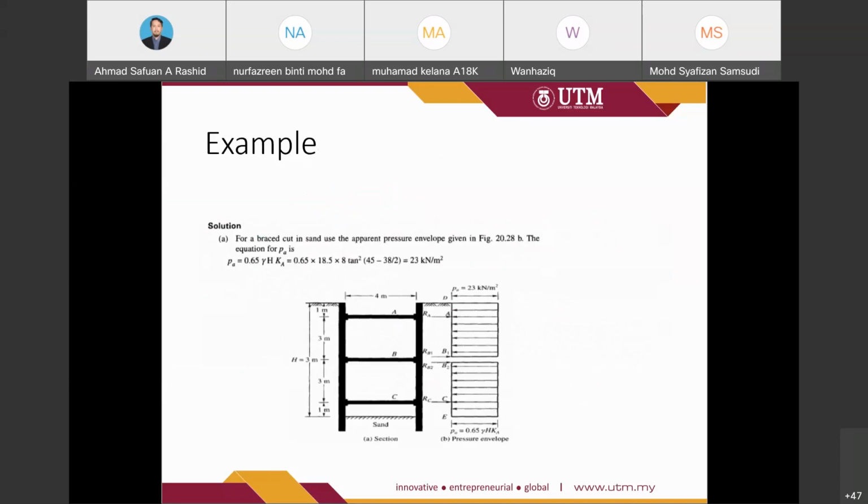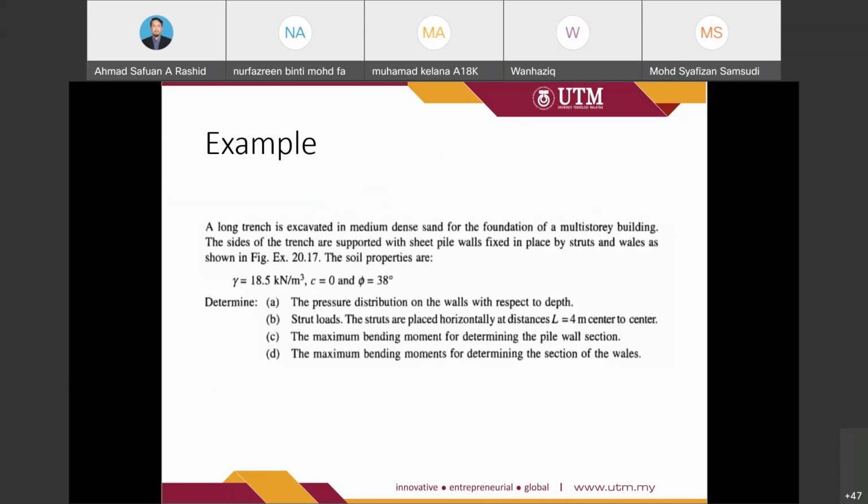So the value for Pa is equal to 23. That is the pressure acting on the wall. The next is to calculate for the strut.